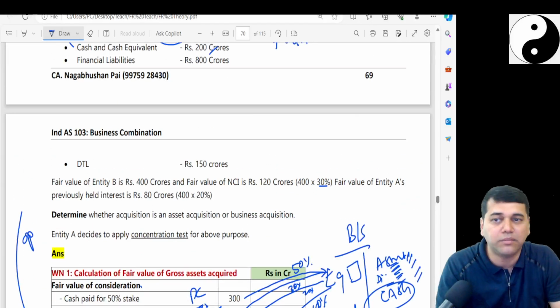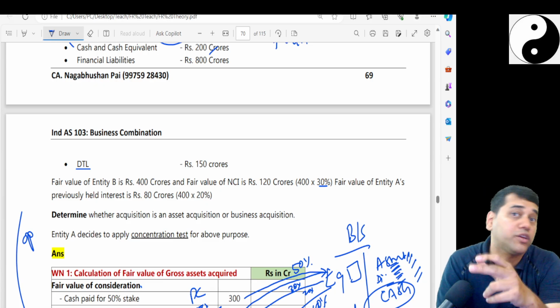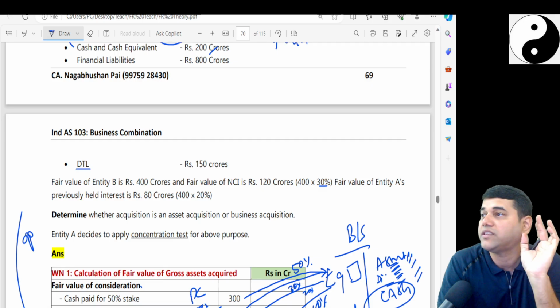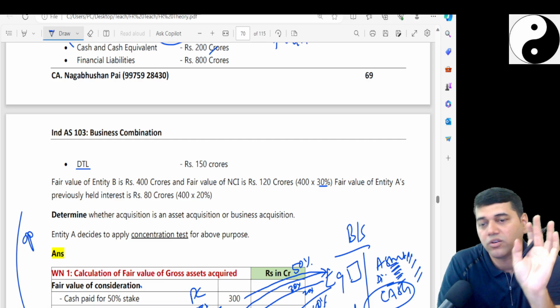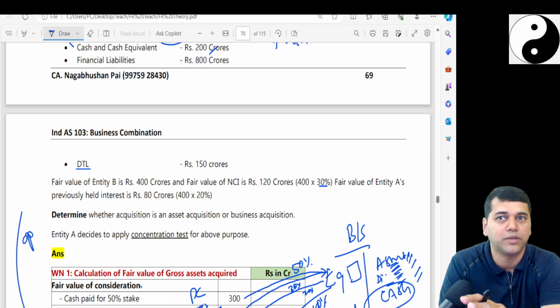DTL is given, see, 150, but they have not considered it. So what I think is, in the exam they may not give you this. For confusion's sake, they must have given it. So don't worry. If it comes, focus on this particular thing only.